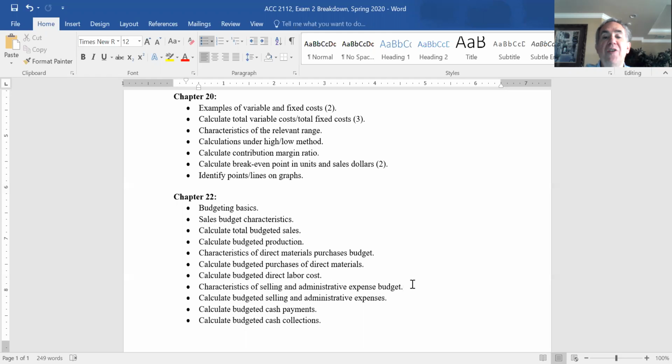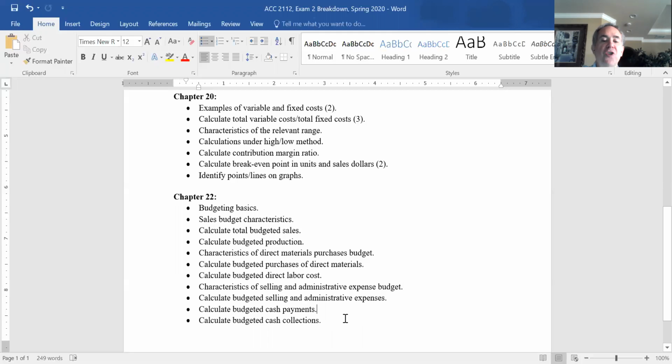To calculate budget selling and administrative expenses, for variable, you'll be given variable cost per unit, and you'll be given unit volume. Multiply the cost by the number of units. Then for fixed, you'll be given the amount of fixed directly. Add that to the variable that you calculated, and that will be your correct answer. So that one's easy.